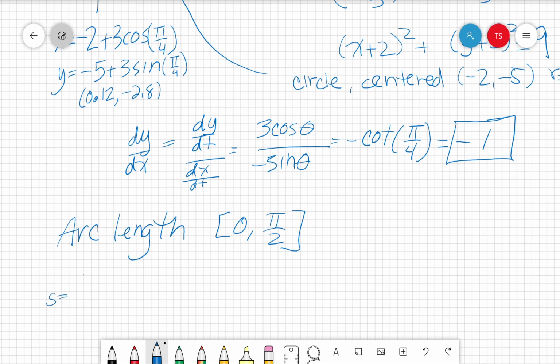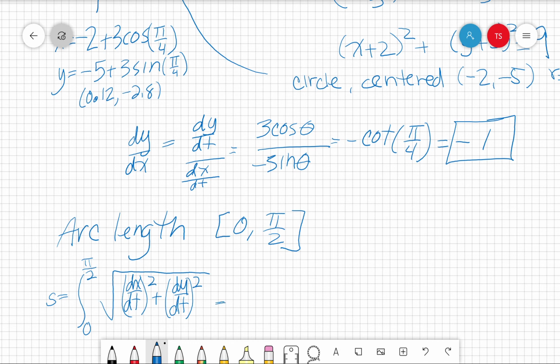The arc length will be equal to the integral from 0 to pi over 2 of the square root of dx/dt squared plus dy/dt squared.